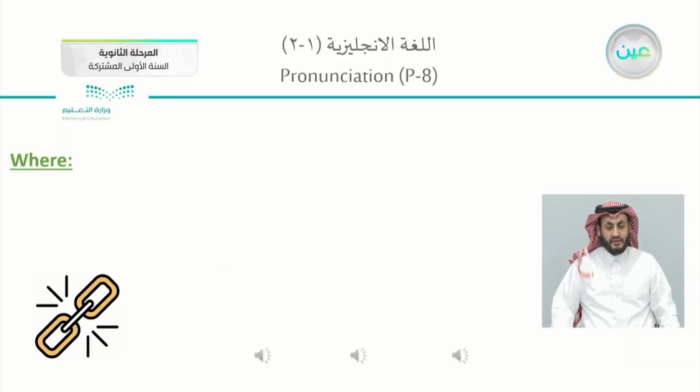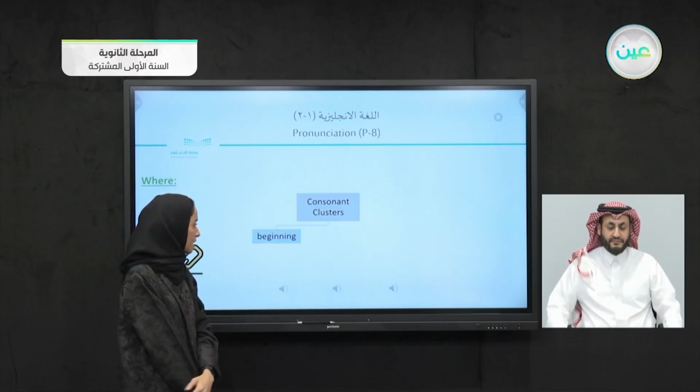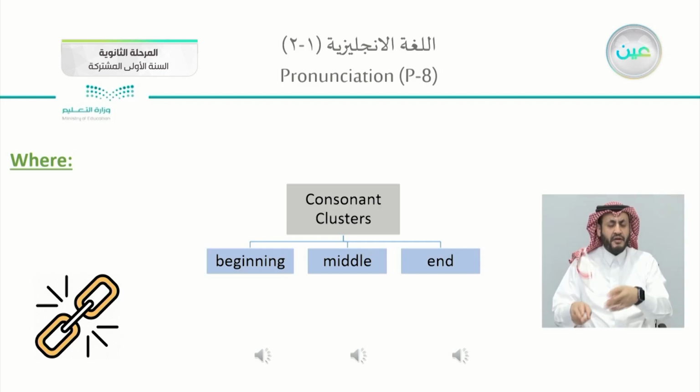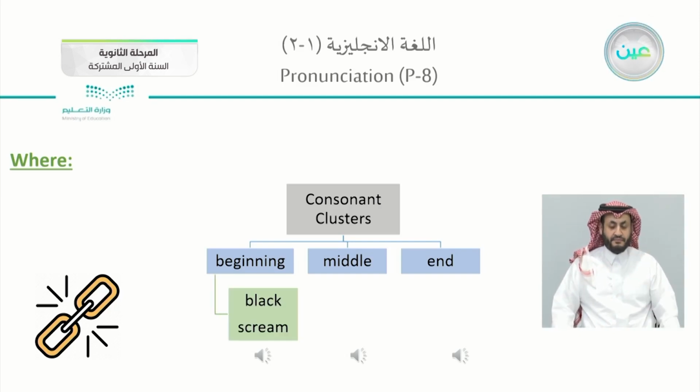Okay. Where can we put the consonant clusters? They can come at the beginning, middle, or at the end. Let's come up with examples. When we have them at the beginning, it means the first two or the first three letters are all consonants, like black and scream.